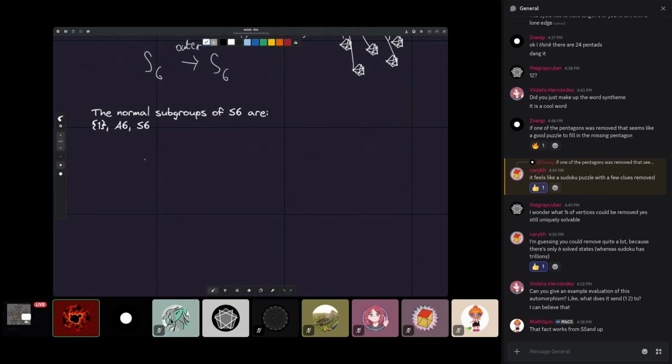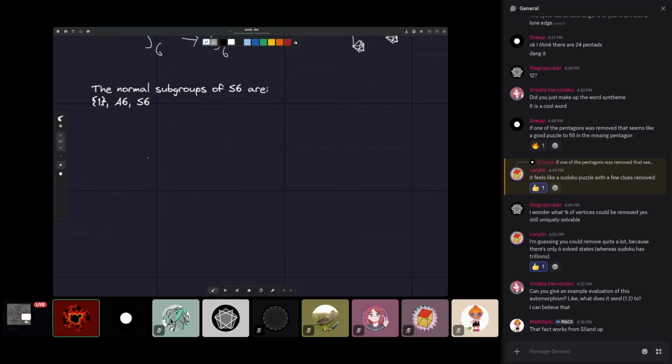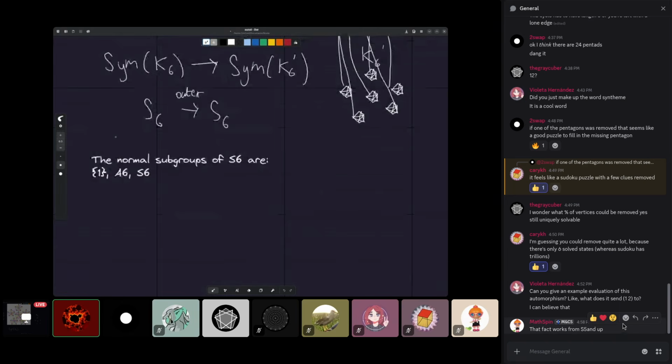I think the way you do it typically is you do it for A5, and then you do an induction to show it for all S_n bigger than or equal to 5. This is true. Cool. Okay, we'll assume this, and if you want to know why, Google it another time.